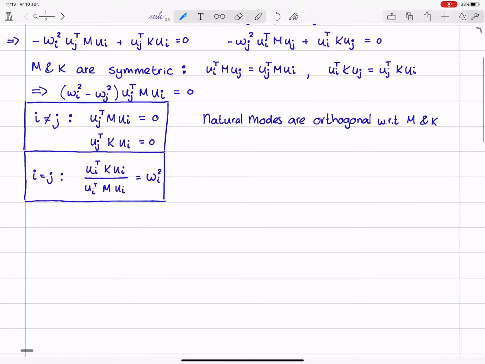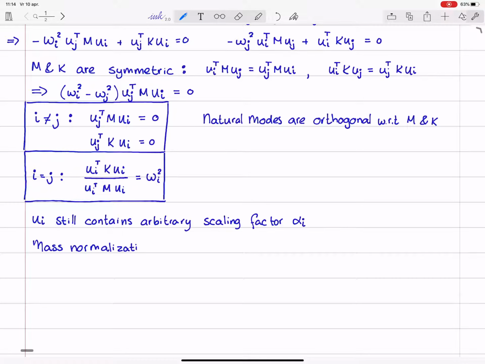Okay, where are we going to use this? Well, let me first discuss one more thing. It is important to realize that u_i still contains the arbitrary scaling factor that we called alpha. So let me call this alpha i. Now what we can do, and that happens frequently in modal analysis, is what we call mass normalization of modes.